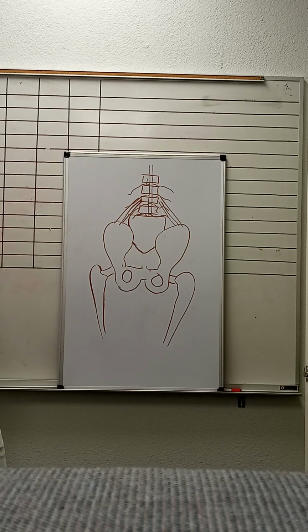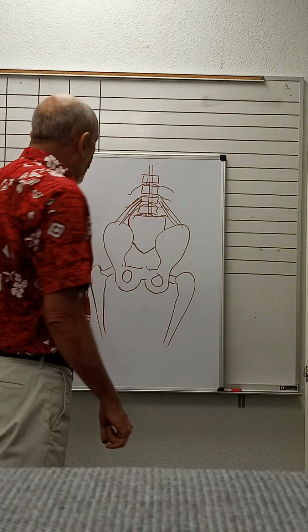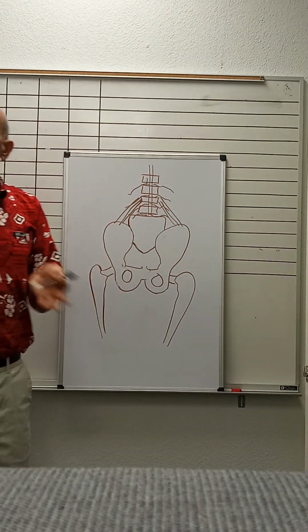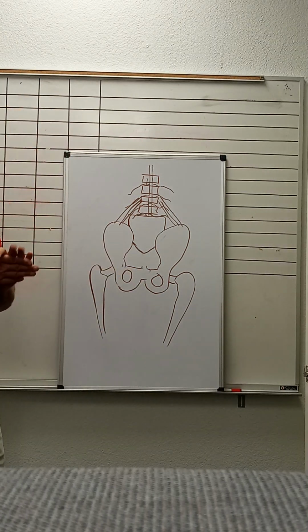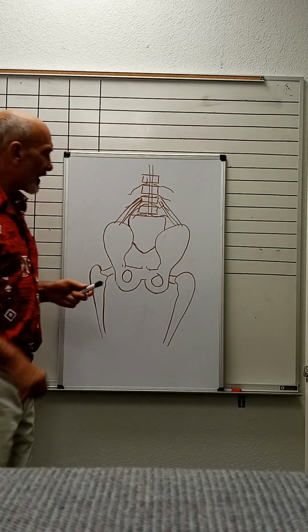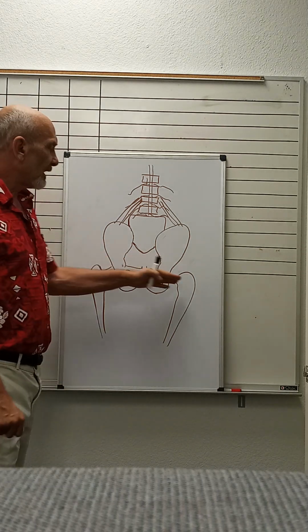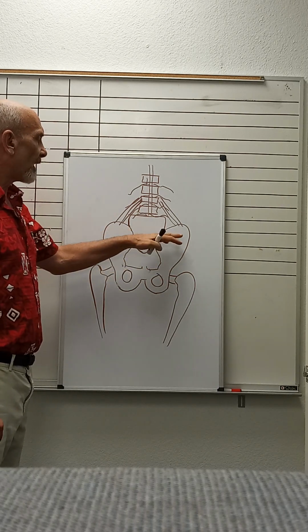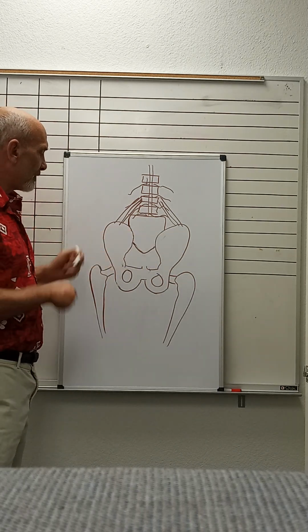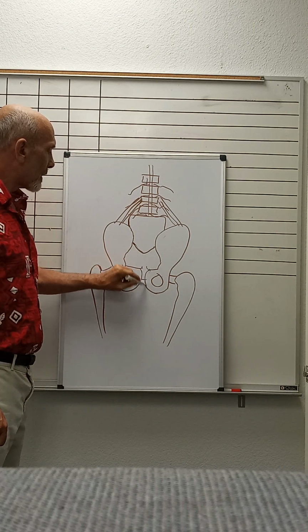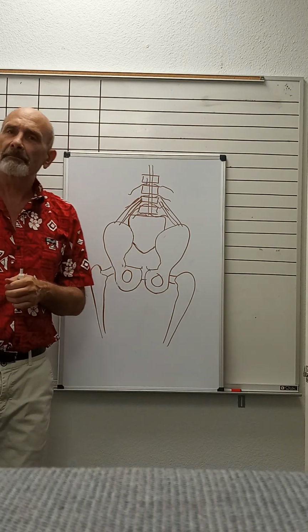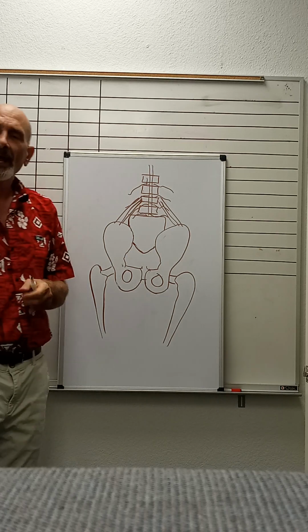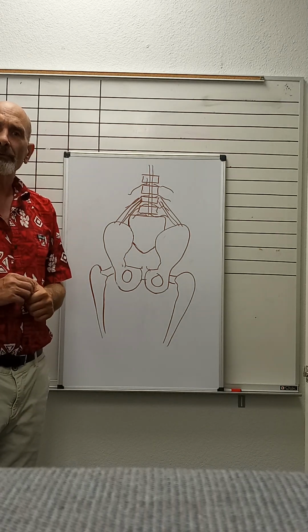Okay. All right. So when I do my scan on patients, when I do my exam, I'm checking to see if their hips are straight, if their pelvises are straight. This is the pubic bone area here. Sometimes the pubic bone is out of place. I just had a patient today who came to me, his pubic bone was out.